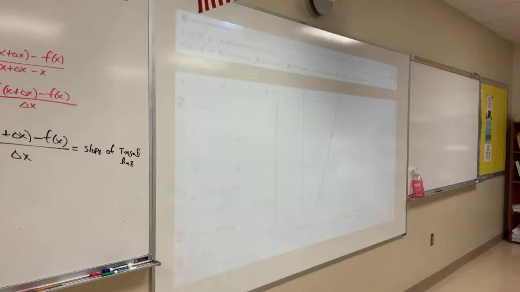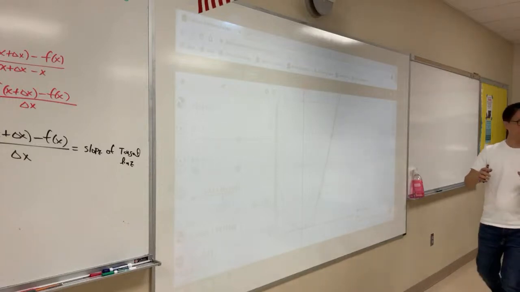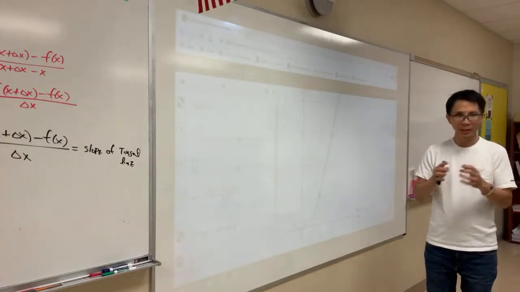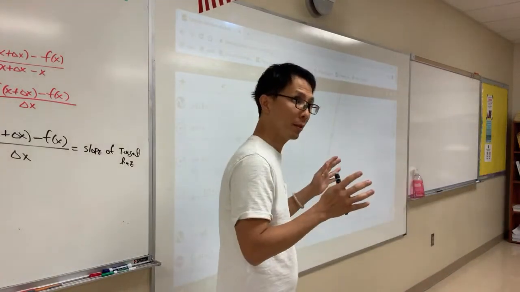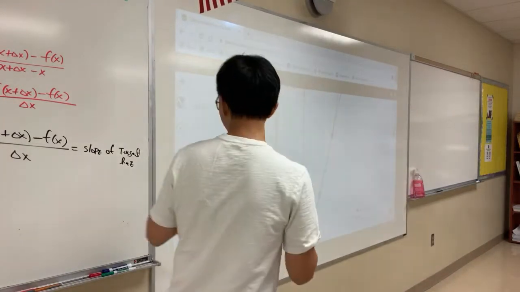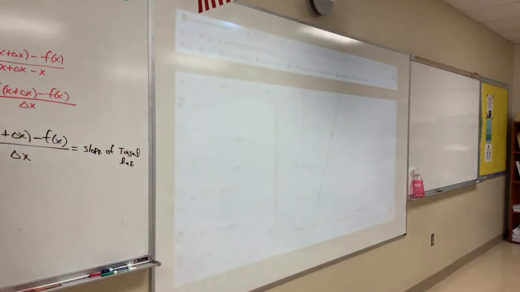Okay, so now we are gonna find a slope. Any equation that I can plug in, I can find the slope at all moments. So what we're gonna do is apply this, and this is also known as f prime of x. Prime means derivative.